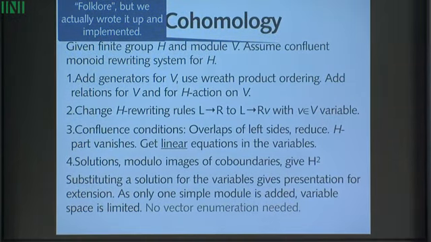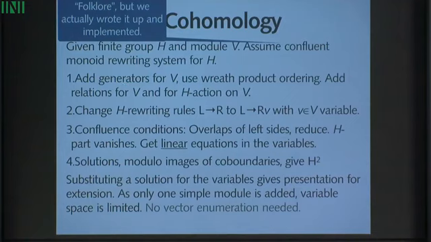We add relations which describe what V itself is. Well, that's easy. It's p-elementary abelian, and which describe the action of H on V. We change the rewriting rules for the factor by adding tails to them, where the tail is a variable, something in the module. And now we apply the confluence conditions.